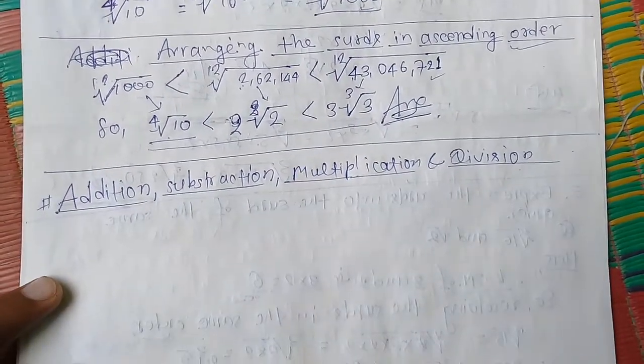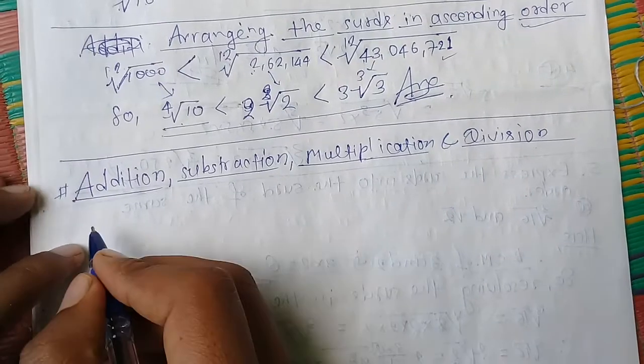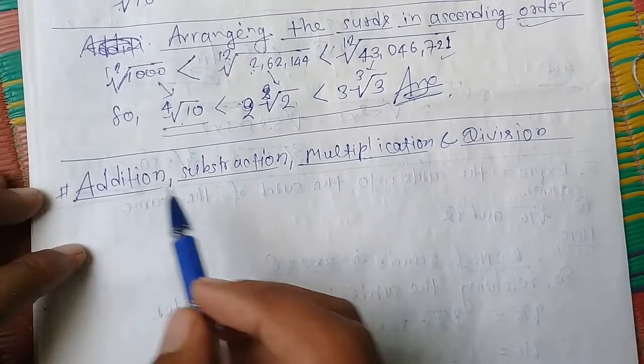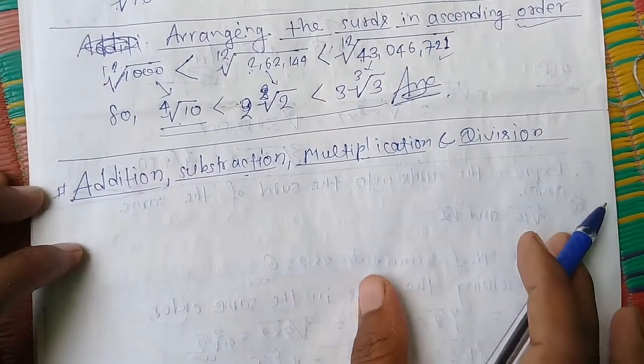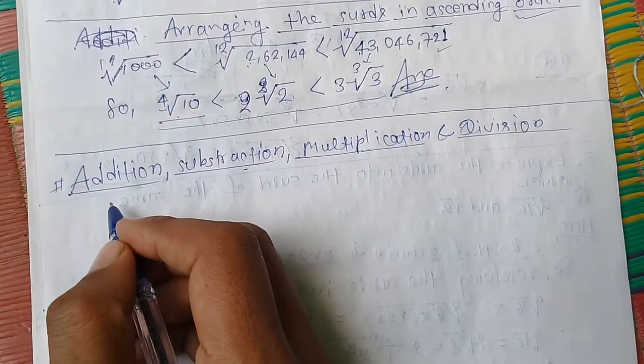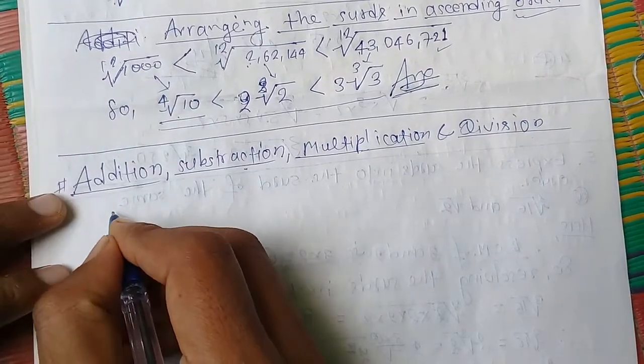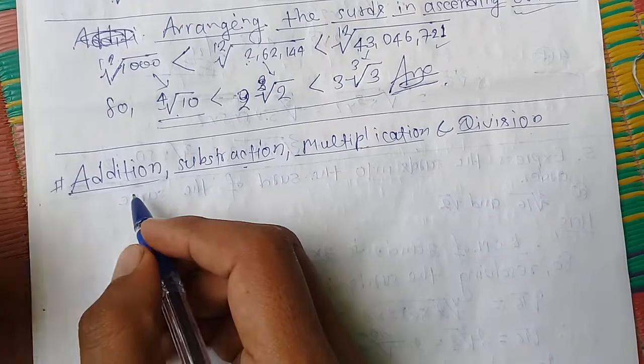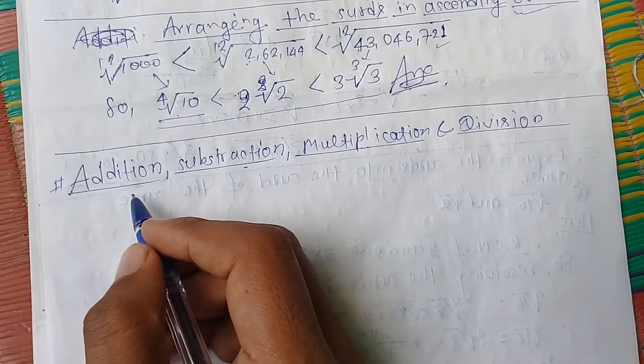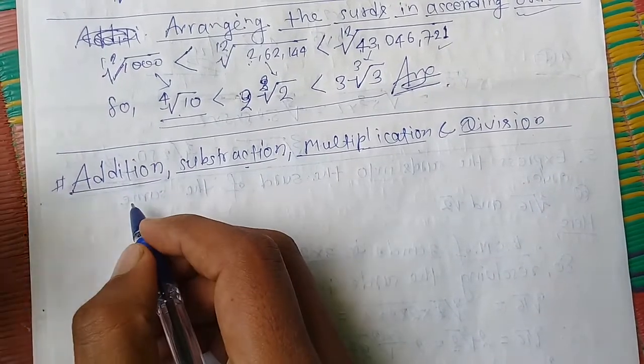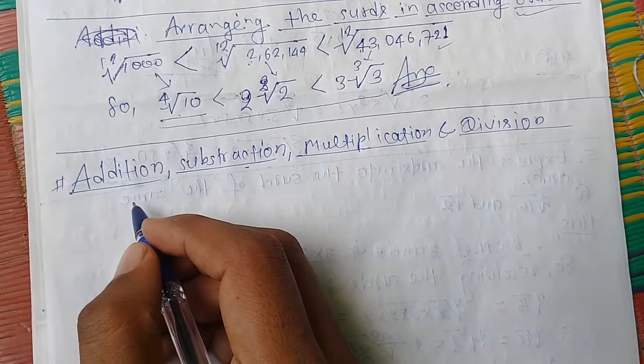Now, addition, subtraction, multiplication and division. What do we have to do in this? Surds of the same order and the same radicand can be added or subtracted.